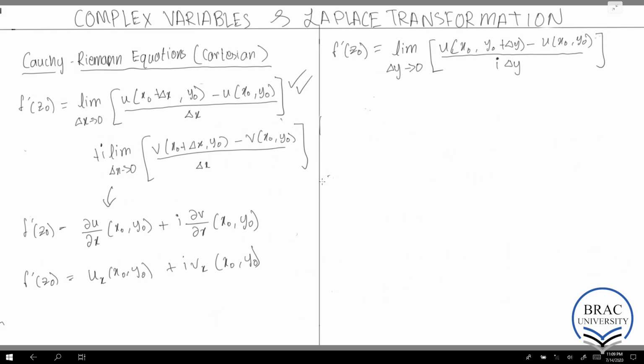Now we get to our vertical part, taking the limit of the imaginary part, sorry.